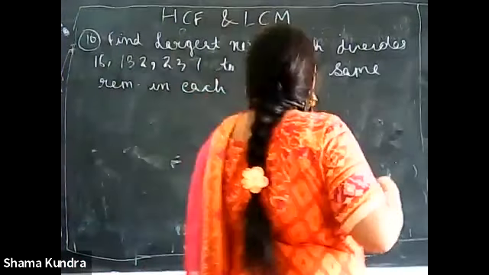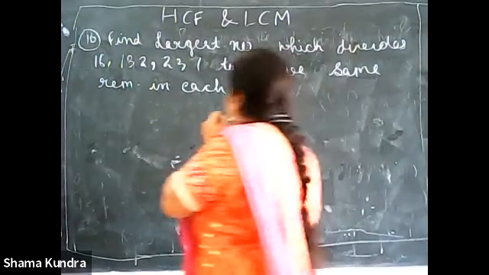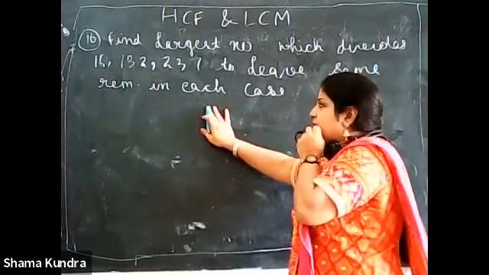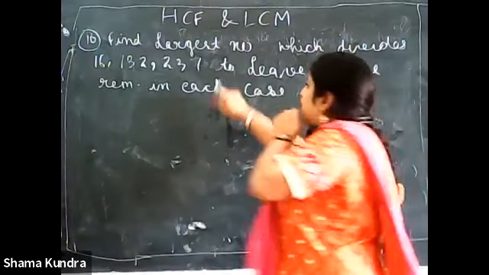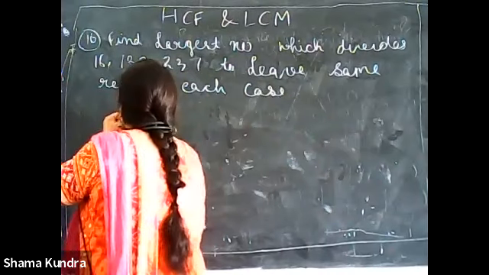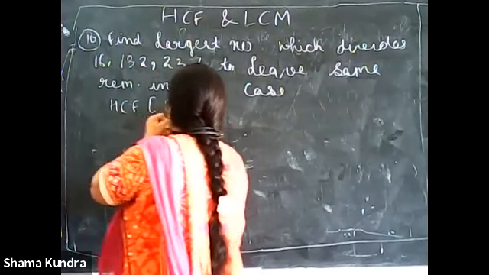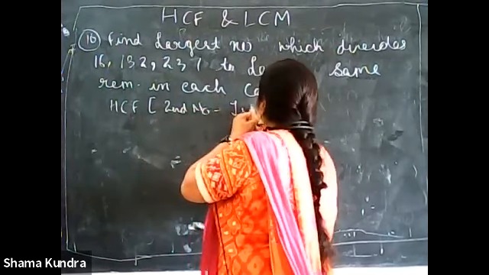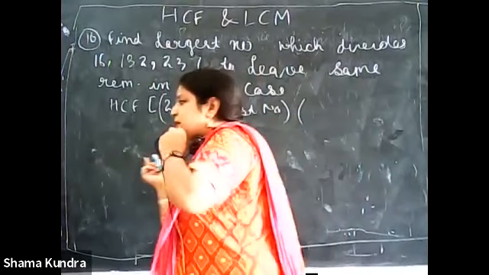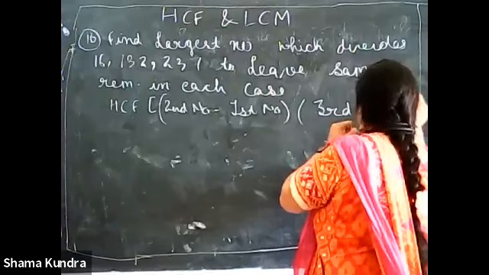Find the largest number which divides 16, 132, 237 to leave the same remainder in each case. Here the remainder is the same, but it is not given to you. And largest means HCF. You have to remember this keyword or concept here. You have to find the HCF of second number minus first number, or third minus second.